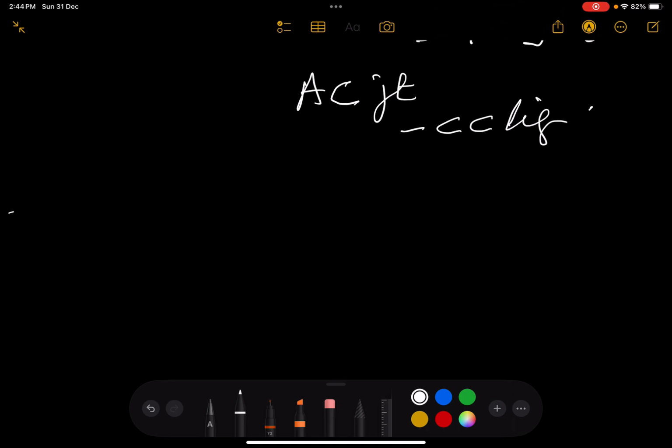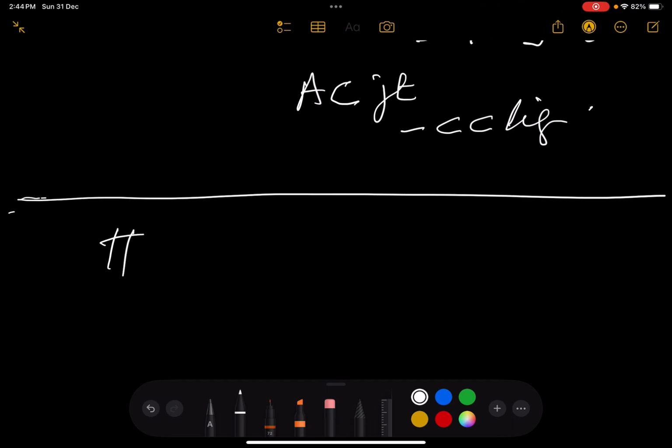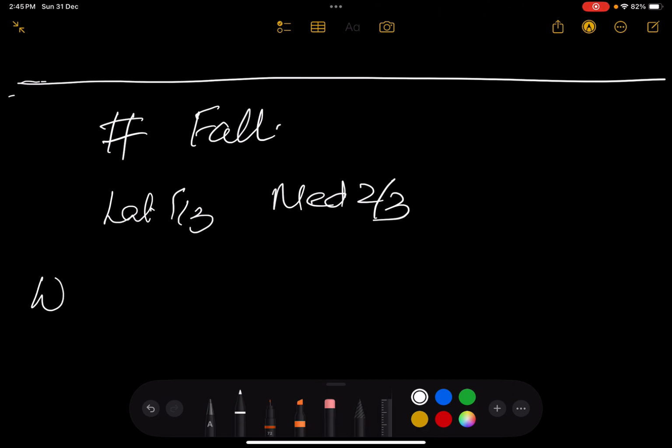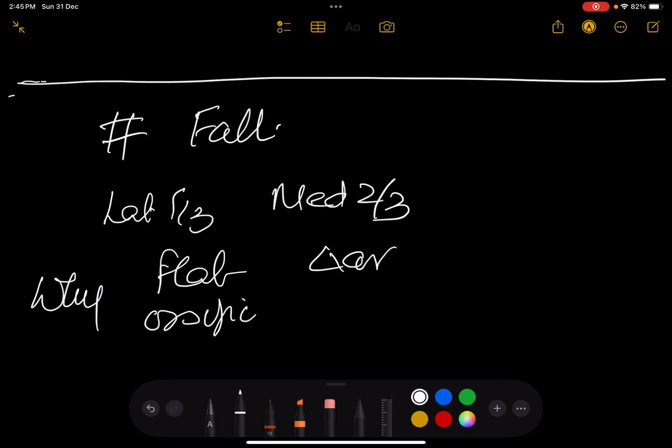Now, this clavicle can fracture because of a fall on an outstretched hand. The usual site is the junction of the lateral one-third and medial two-thirds. Why? Because this is flat, this is triangular. This is the junction of the two ossific nuclei.